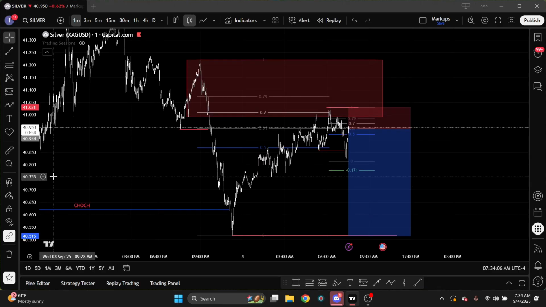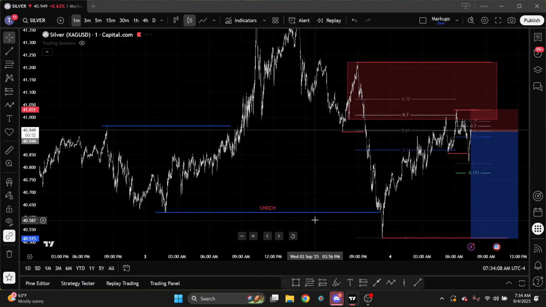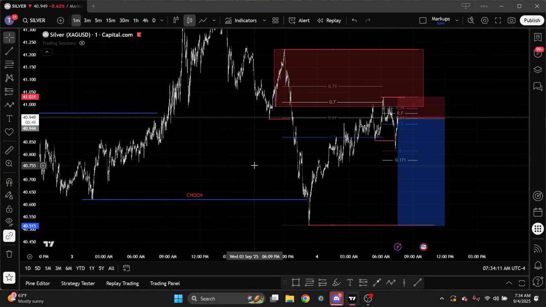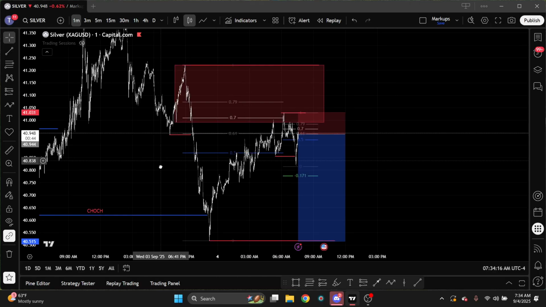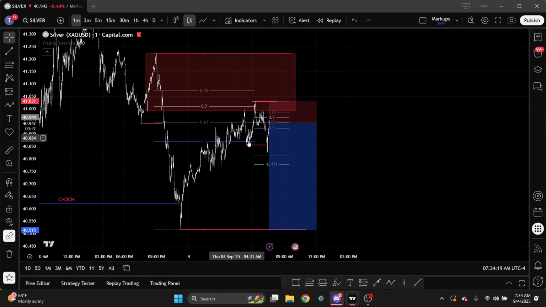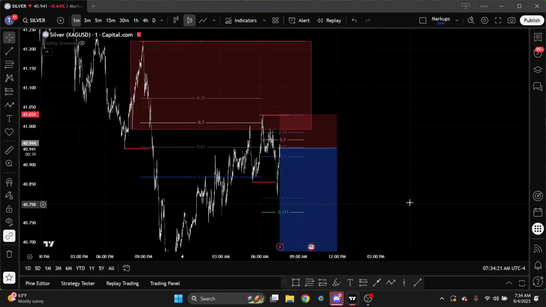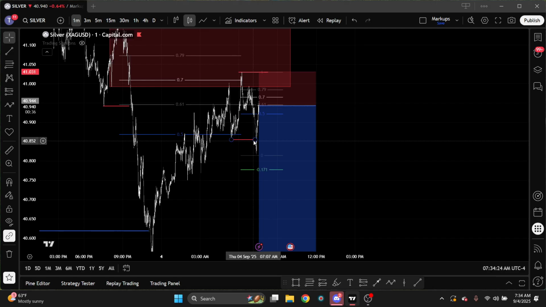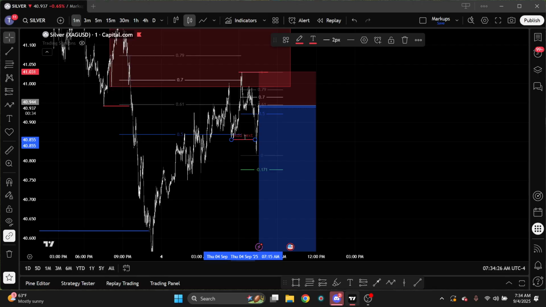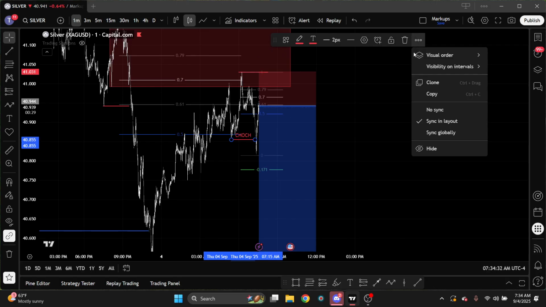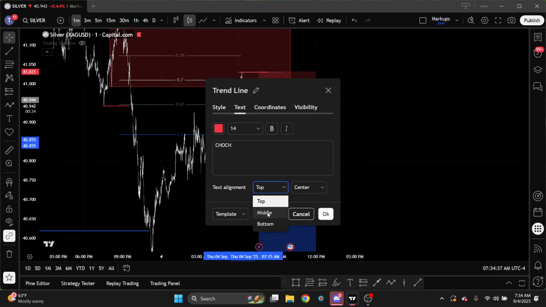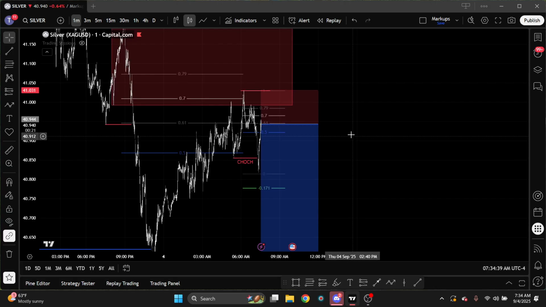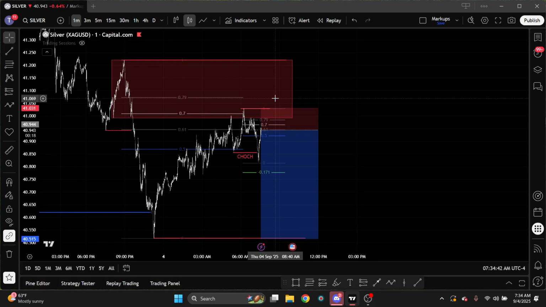The reason why I played this was because we had a change of character to the downside on the 1 hour. Had my last 15 swing point right here. Had a supply zone tapped, and it gave us a change of character here. So change of character. Change of character.